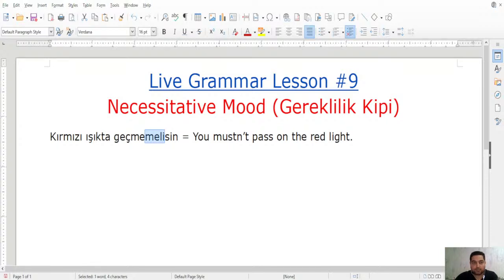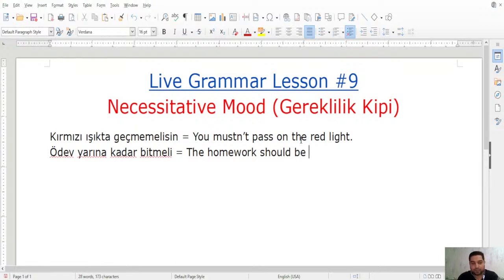Okay, the second example is like this. I have here ödev yarına kadar bitmeli, which means the homework, right? The homework is a third person singular. The homework should be done or must be finished, whatever you can translate. It's based on the context. The homework should be finished by tomorrow.